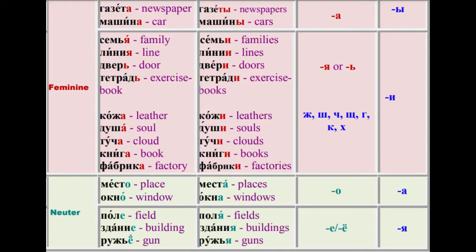If we want to make these nouns plural, then we have to replace letter ye with letter ya. The same with letter yo with letter ya. Поле, поля. Здание, здания. Ружье, ружья.